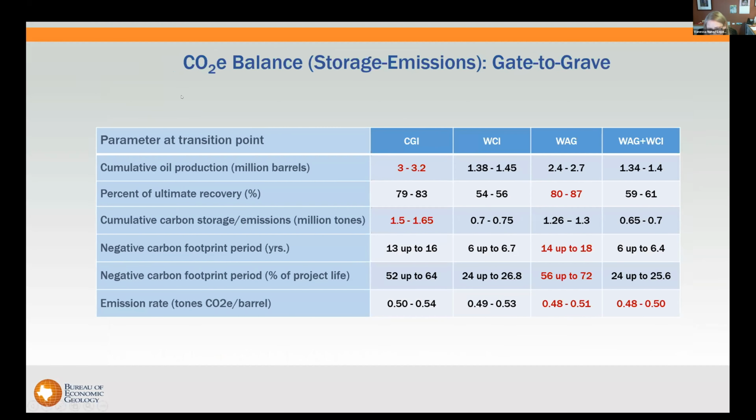So here are some important decision-making parameters at this transition point, such as cumulative oil production, cumulative carbon storage, and the length of the negative carbon footprint. You can see I have highlighted here in red which CO2 injection strategy is best for all these parameters at the transition point.